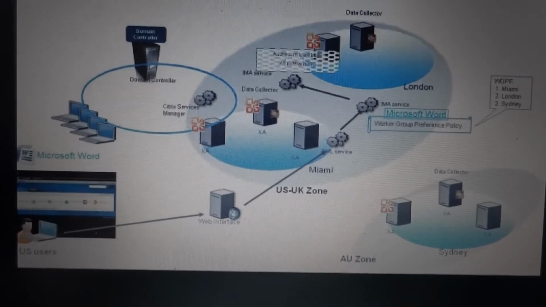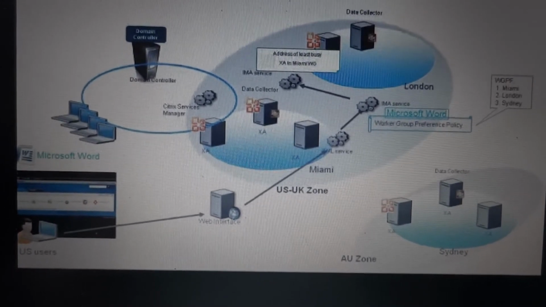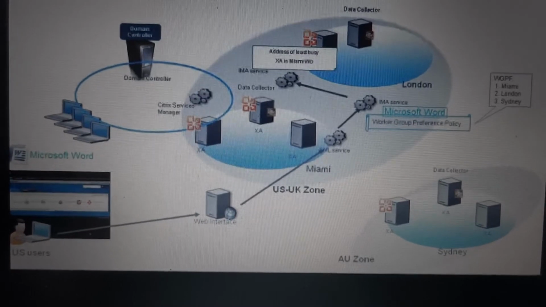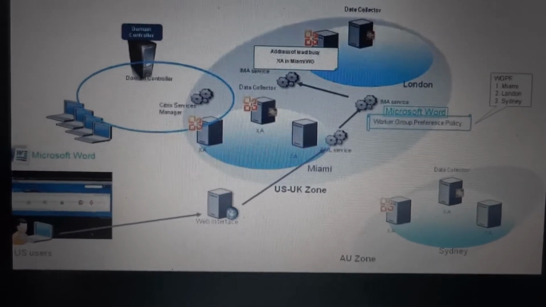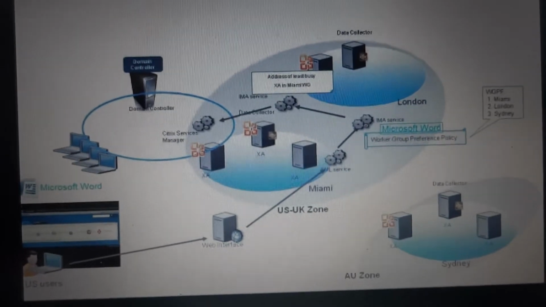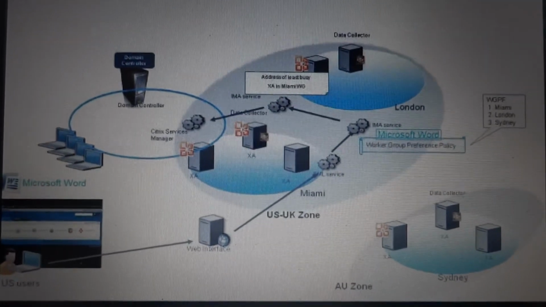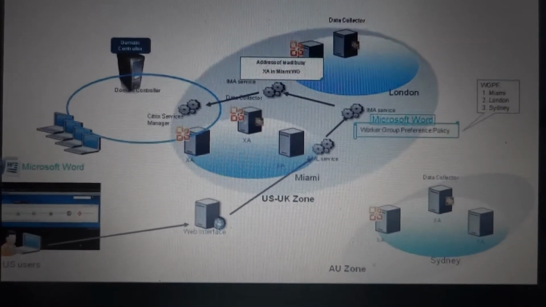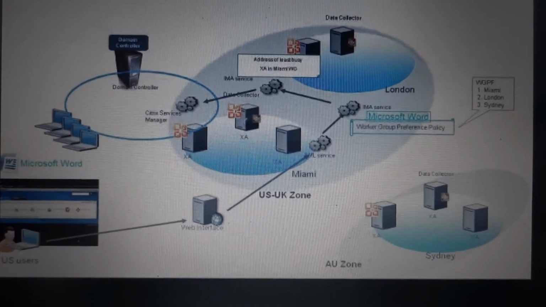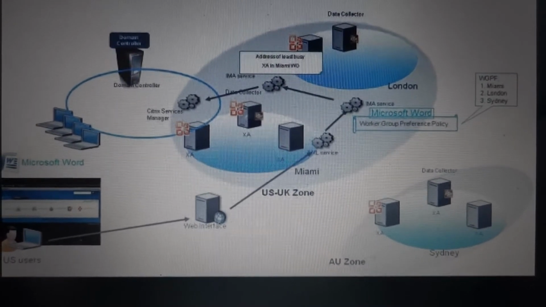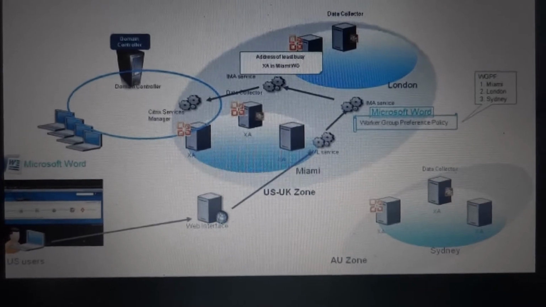This zone data collector tries to find out the least loaded server according to the worker group preference list. When it finds the least loaded server, it will send a query to the Citrix Service Manager of that server to verify whether or not the server has the requested application installed.